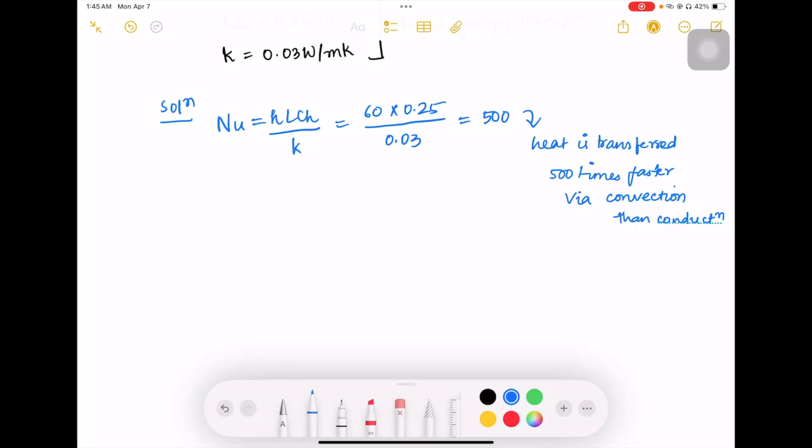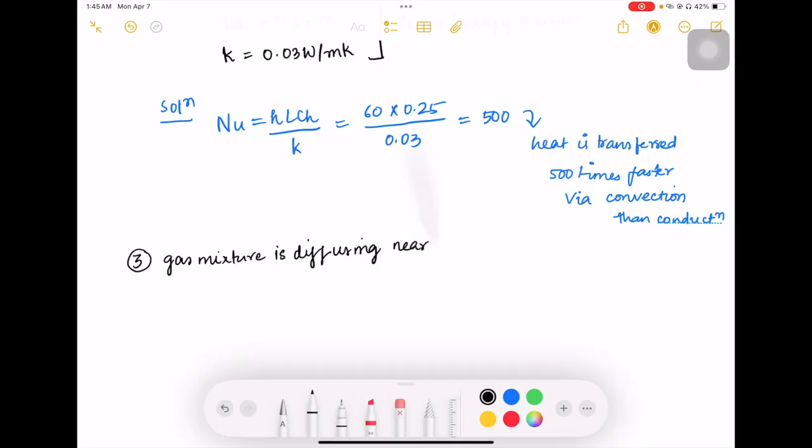Next we have the Sherwood number calculation. The question is as follows: a gas mixture is diffusing near a solid surface.